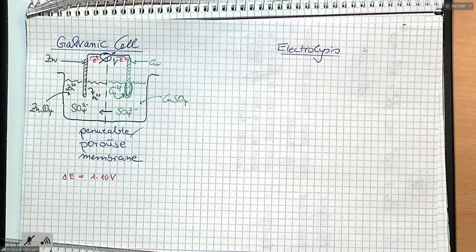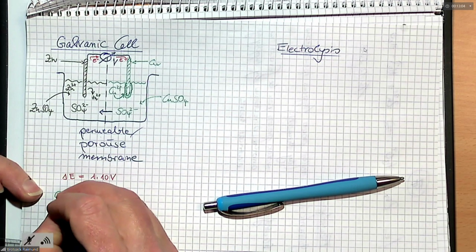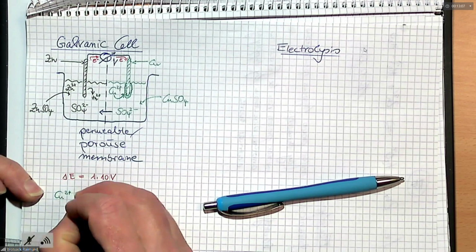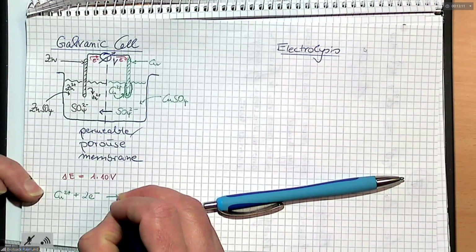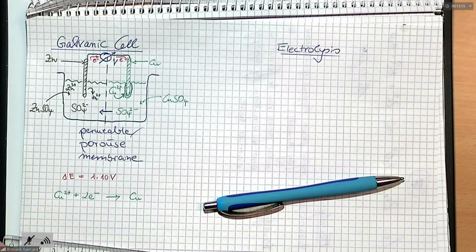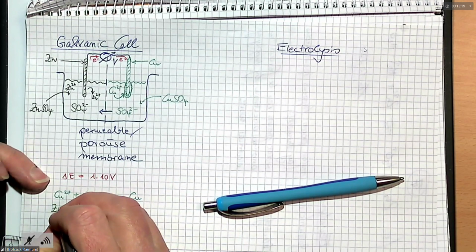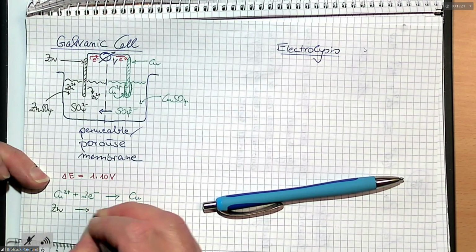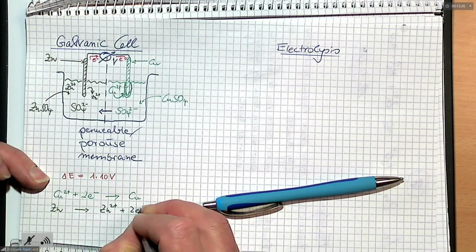So the process will be copper 2 plus and 2 electrons coming from the zinc system will form elementary copper. And the electrons come from the zinc, which is oxidized to form zinc 2 plus and 2 electrons.